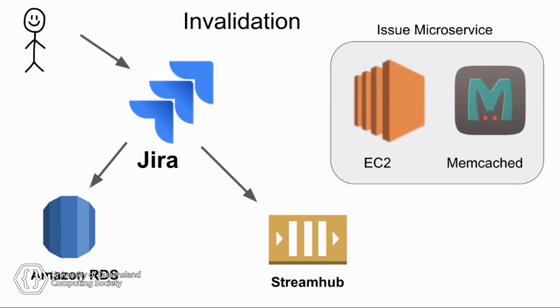You have an event producer, in this case Jira. It produces events like, hey, an issue's been updated, hey, an issue's been created, hey, an issue's been deleted. And anyone who's interested in those events can subscribe to that event stream and do whatever they want with those events. So our issue microservice subscribes to these events, and we use that to tell our cache, hey, time to update this thing. And that's how we keep the cache staying fresh.